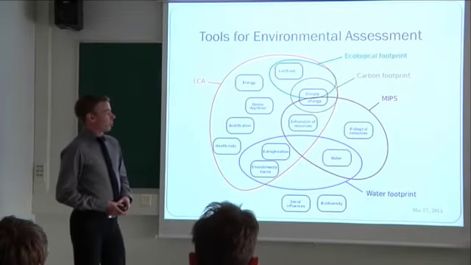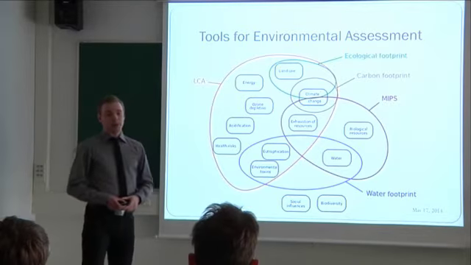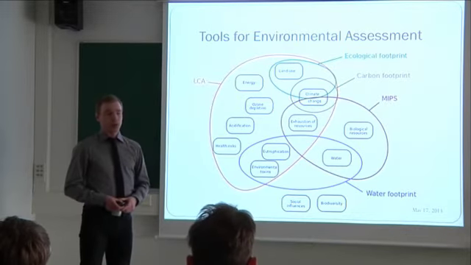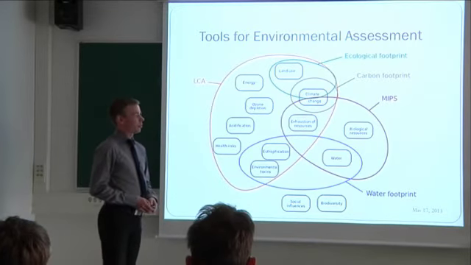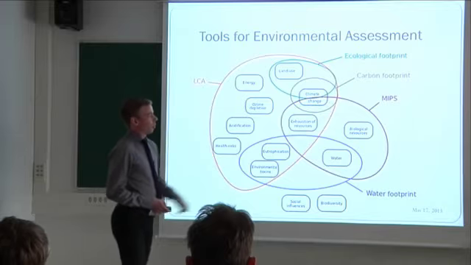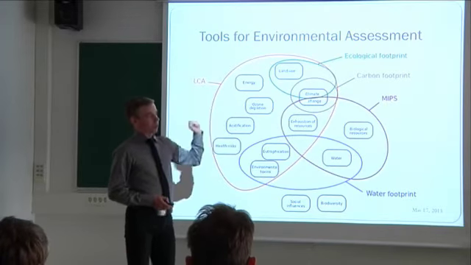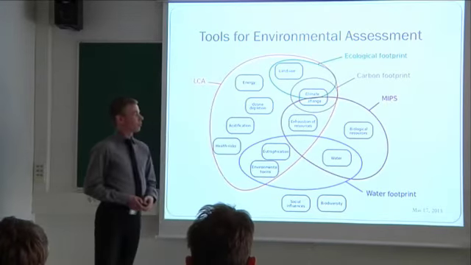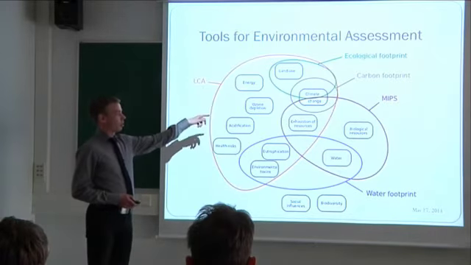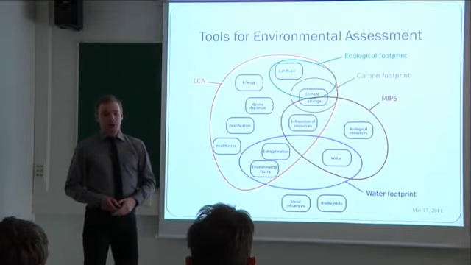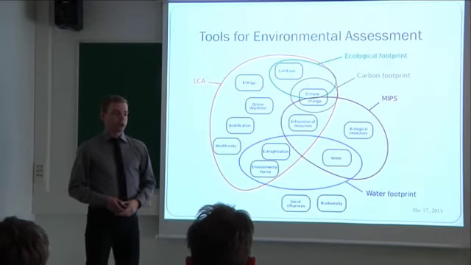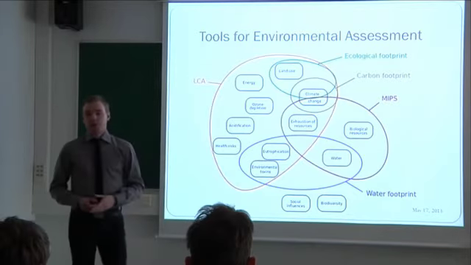There are different tools for measuring these environmental aspects. Perhaps the carbon footprint is one of the most used ones. Carbon footprint measures the effects on climate change, how much greenhouse gases are produced during the whole life cycle of the product.